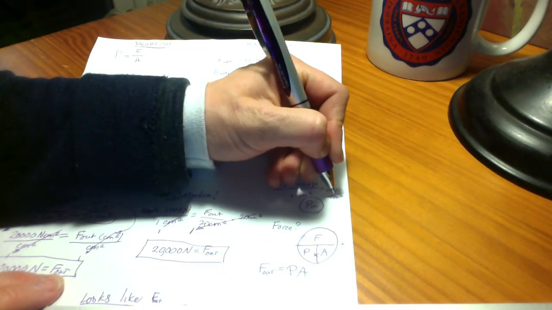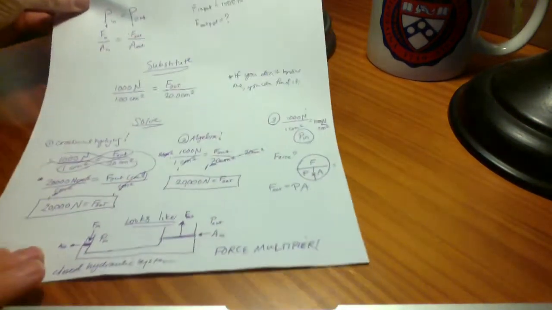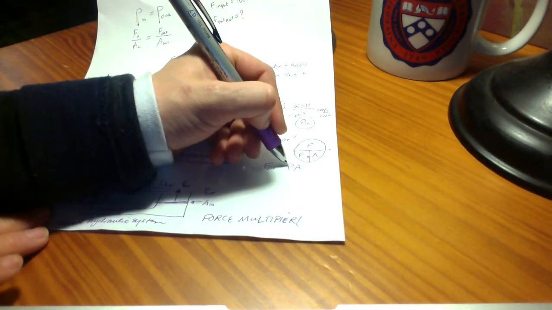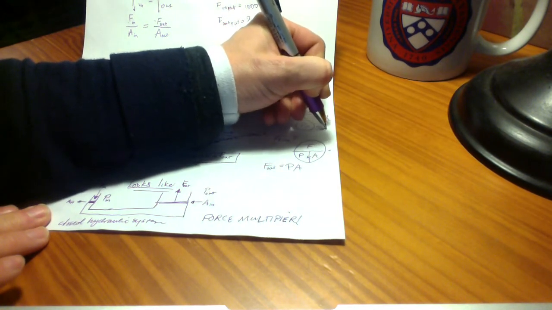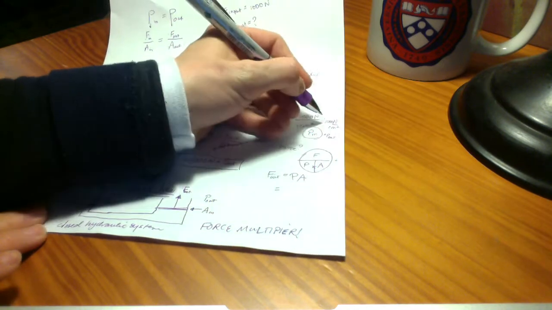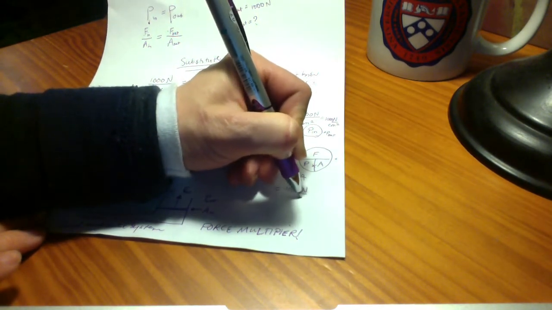When I come back here, I have my pressure. It's 1,000 newtons per centimeter squared. And I have my area. My output area is 20 centimeters squared. So this is all output. I know my output pressure is the same as my input pressure. So that's why I'm using it there. Now, my P out is 1,000 newtons per centimeter squared.